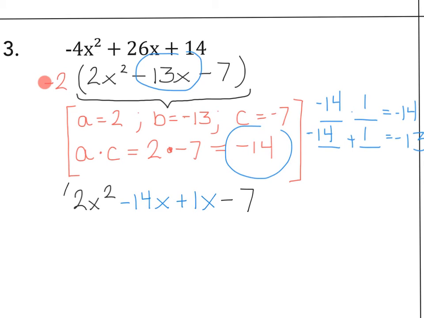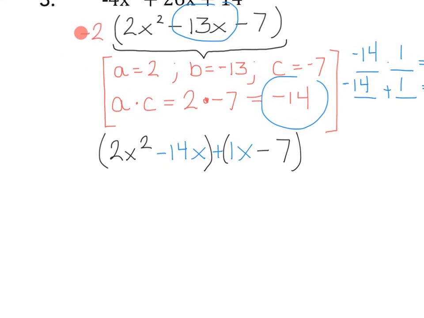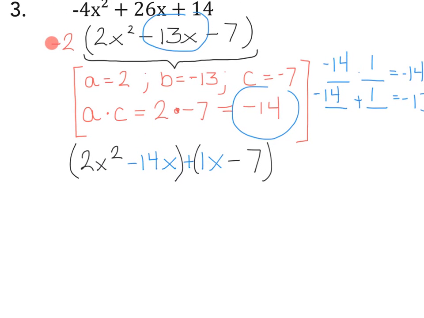Okay, now factor by grouping applies. We're looking at the first two terms and the second two terms. For our first two terms, our GCF is going to be 2x. That leaves us with x minus 7. For the second two terms, our GCF will be positive 1. That leaves us with x minus 7.